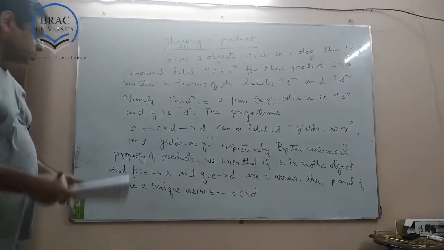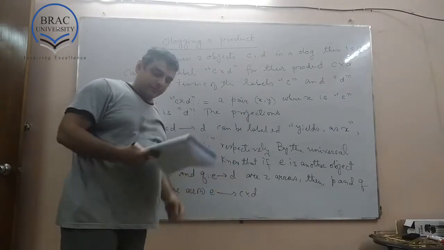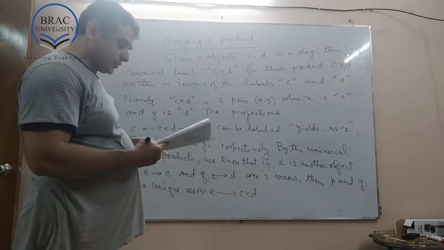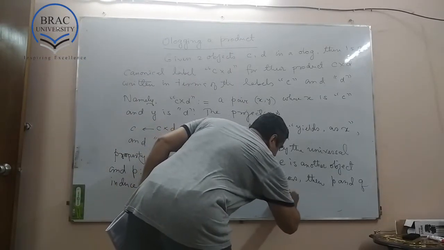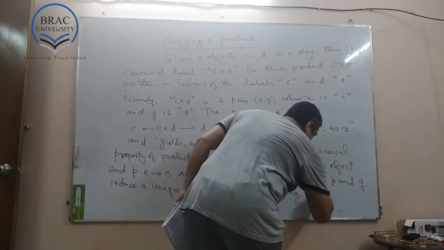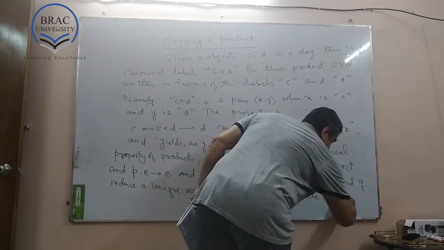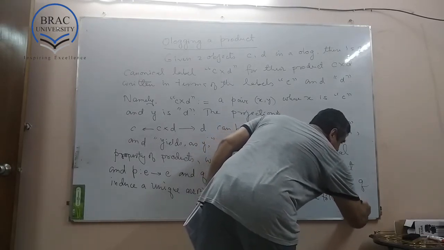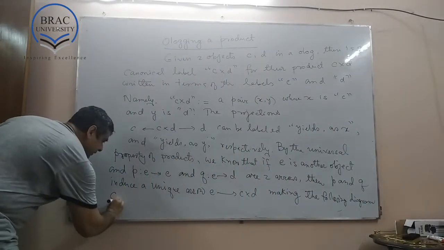So there we'll have a unique arrow from E to C cross D by the universal property of products, making the following diagram commute.